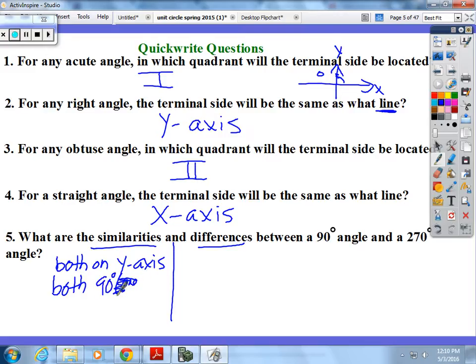So that could go both ways. Both are 90 degrees, but one is positive 90 degrees, the other is negative 90 degrees. Okay, so those are main differences. They're both on the y-axis. They're both right angles. One is positive, one's negative.